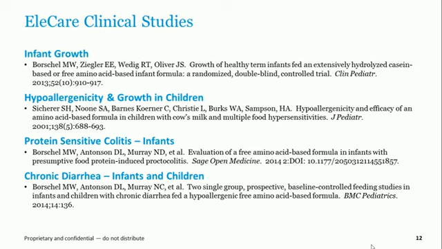I won't go into a lot of details on the studies, but we have done infant growth studies, hypoallergenicity studies, we've looked at protein sensitive colitis in infants, so the non-IgE type mediated conditions, also children that have chronic diarrhea.